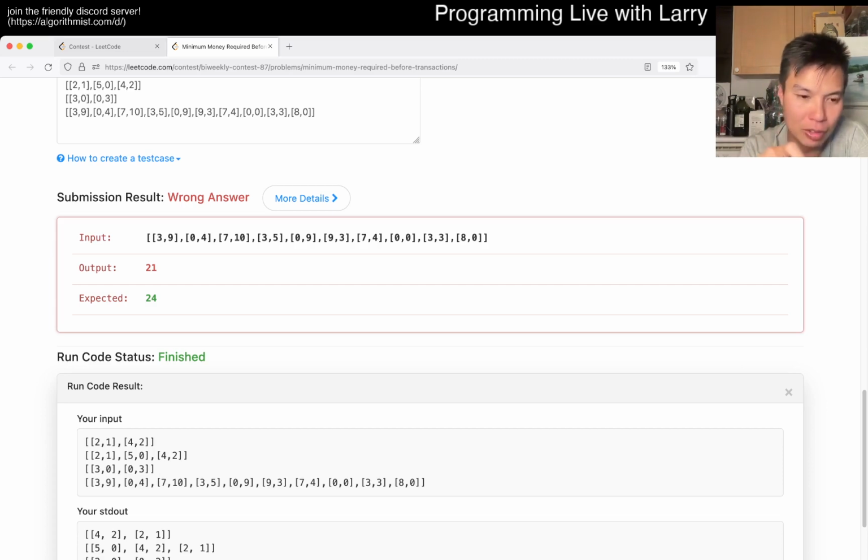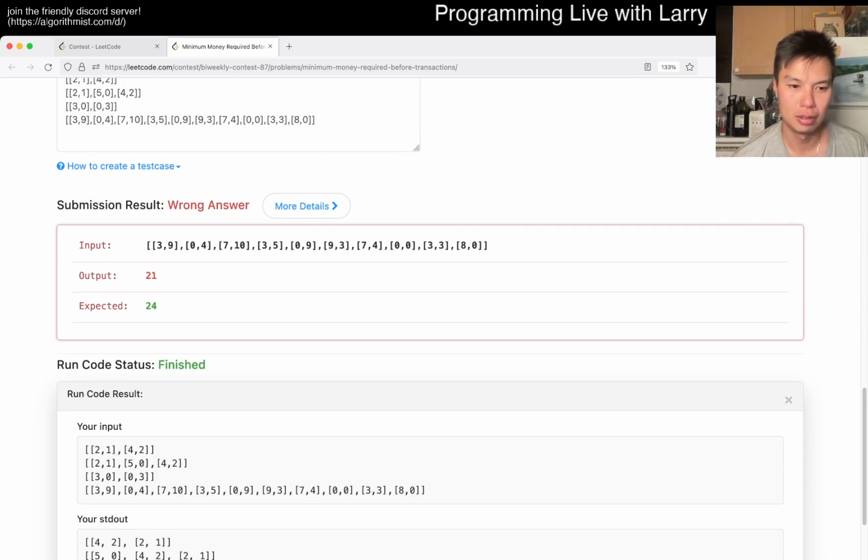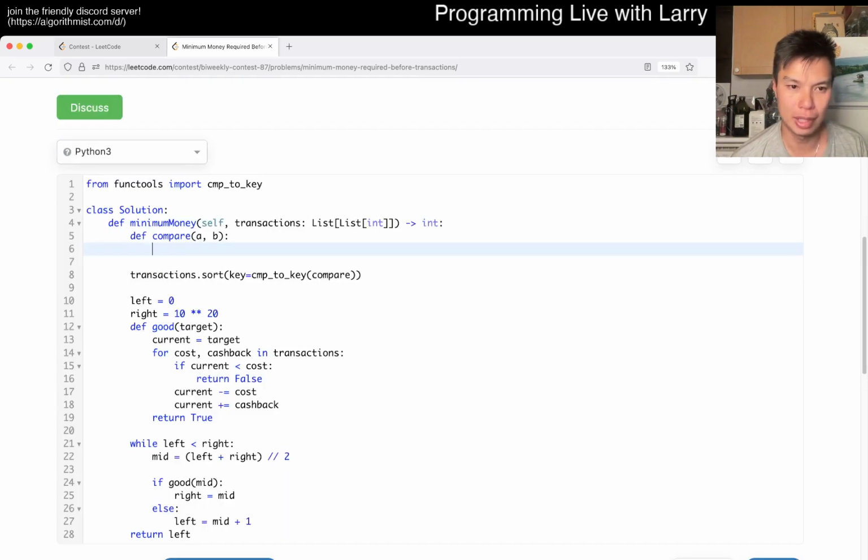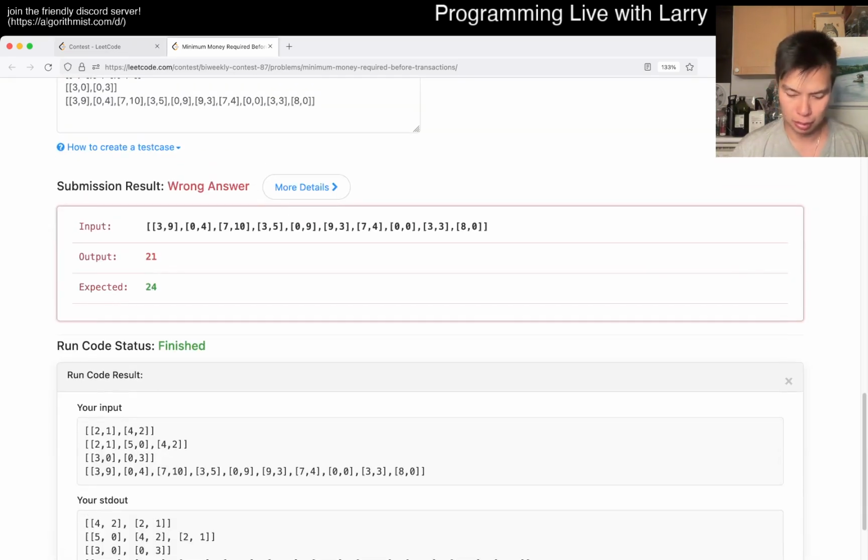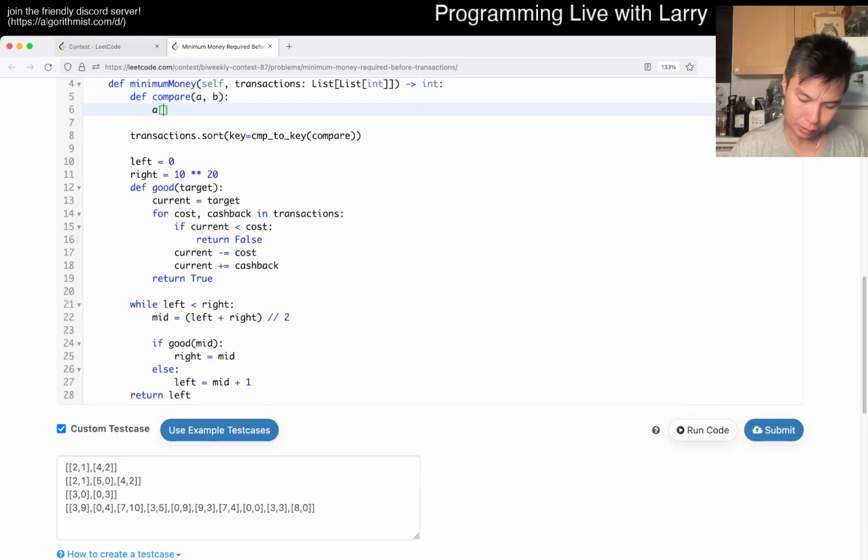But if I have 0, then the cost goes -2 plus 1 is -1, and then the delta is 5, right? So maybe it's something like a sub 0 minus a sub 0 plus a sub 1 minus b sub 0.